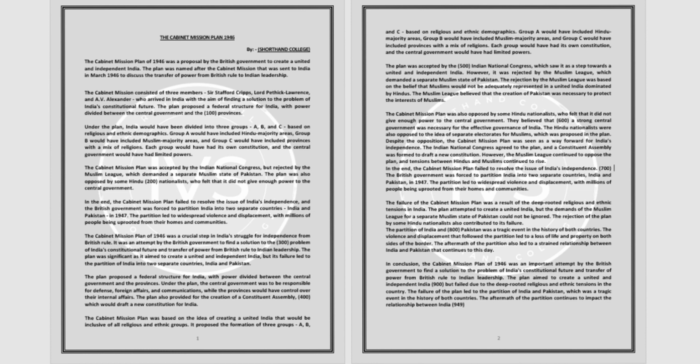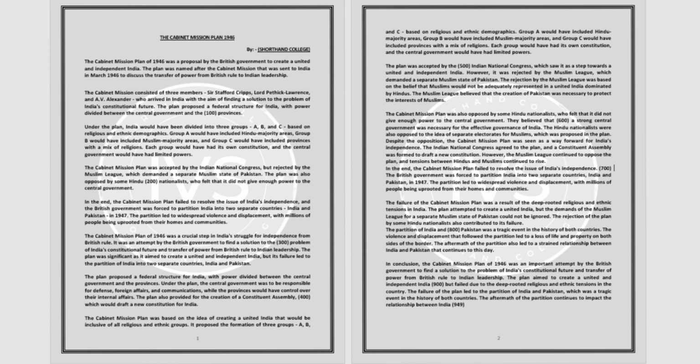The Hindu nationalists were also opposed to the idea of separate electorates for Muslims, which was proposed in the plan. Despite the opposition, the Cabinet Mission Plan was seen as a way forward for India's independence. The Indian National Congress agreed to the plan and a constituent assembly was formed.